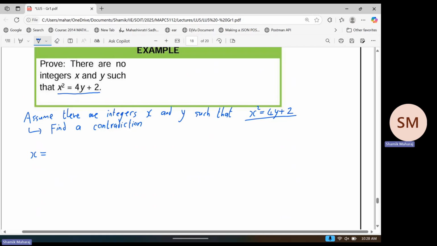What if... okay, I'm not sure if I remember where to start here. Does anyone have any ideas? Why such that? So how do we find a contradiction?